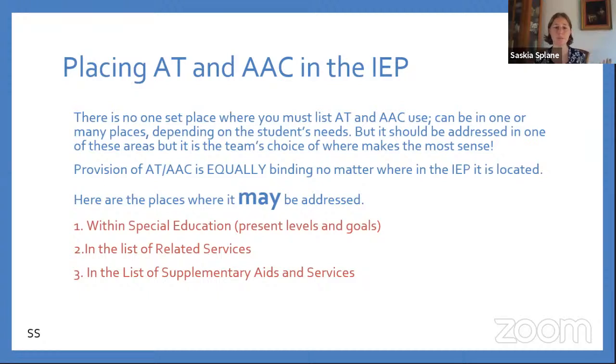So the first one that it might be placed within is your special education parts, which is your present levels and your goals. The second part might be in your list of related services. That's where you're listing all of your IEP minutes, or it could be in your list of supplementary aids and services. And we'll go into detail into each of these. However, again, it could be in any one of these 3 places. It could be in all 3.